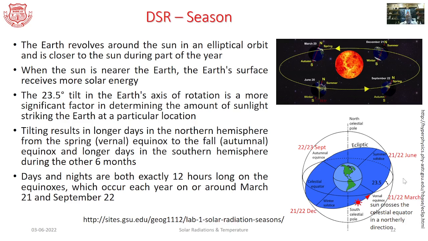Hence, it is termed spring or vernal equinox in the northern hemisphere. The situation will be exactly opposite in the southern hemisphere. Hence, it is said to have the autumnal equinox as far as the southern hemisphere is concerned.